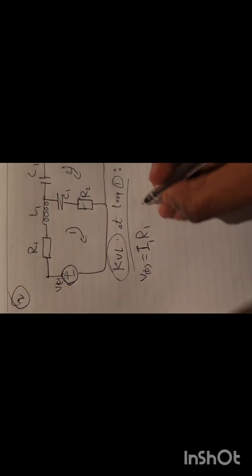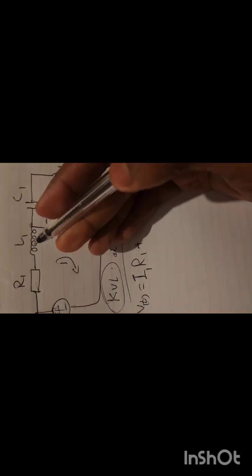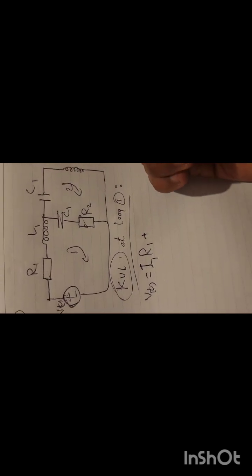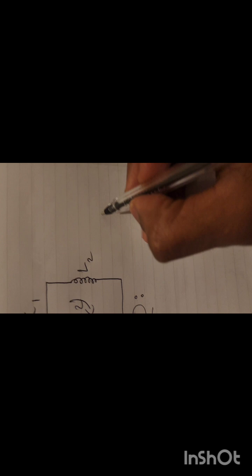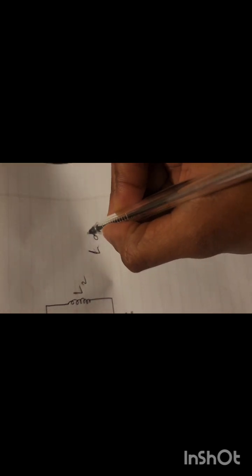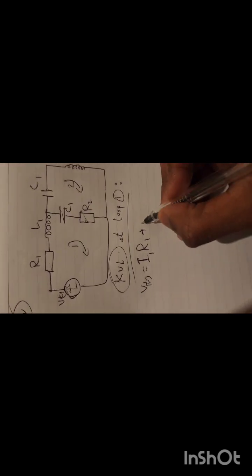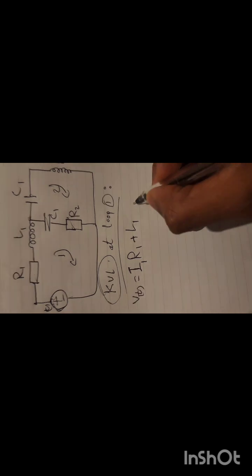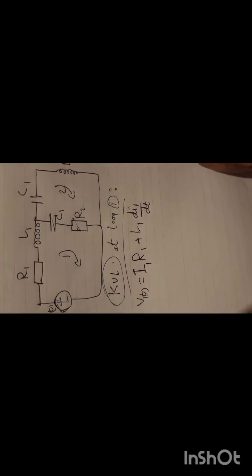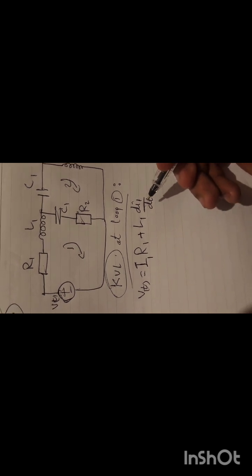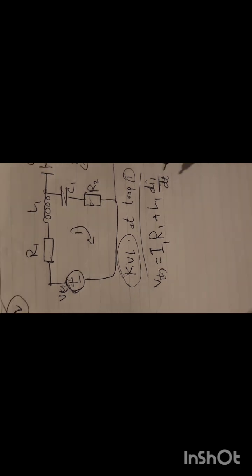It's basic. So we have also the inductor. So the formula for the inductor is the inductor itself multiplied by the derivative of di by dt, and it's going to be L1 di1 over dt. So we are not making the derivative for the whole current, but for I1, just I1.